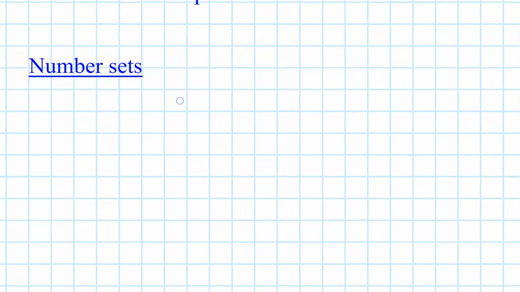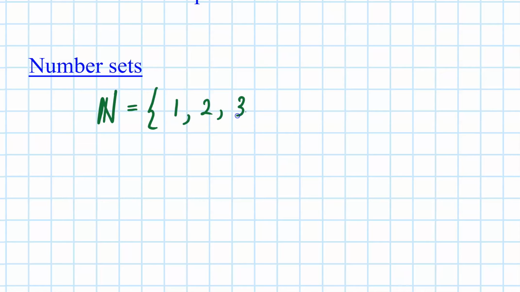The very first set that we are going to look at is called the natural number set, represented by the letter N with a line in the front here. This will have 1, 2, 3, 4 and so on. And I have put 3 dots here. What it means is this goes forever.